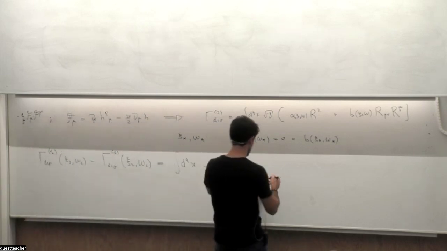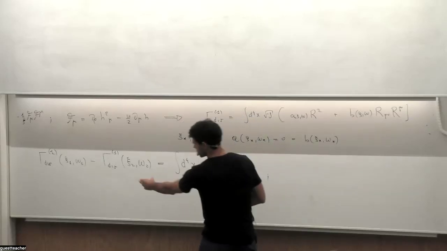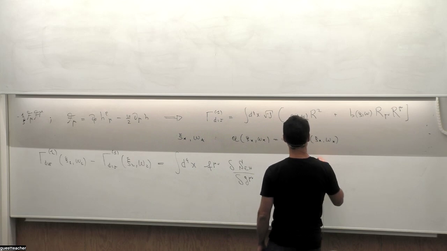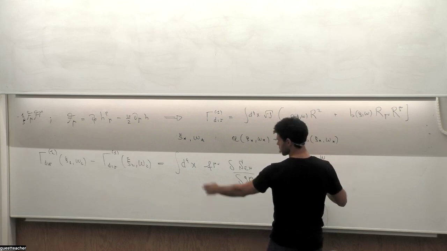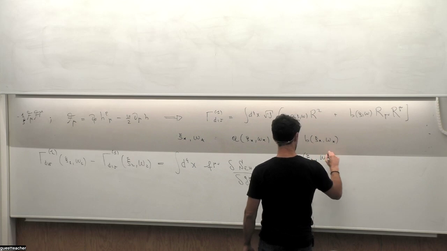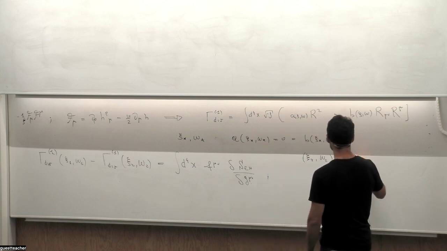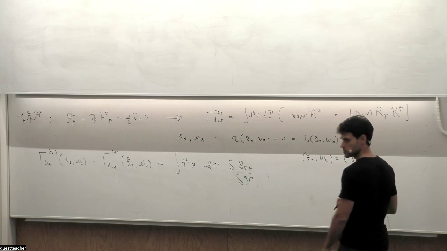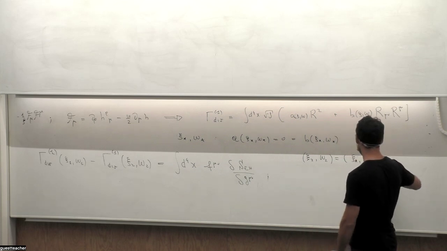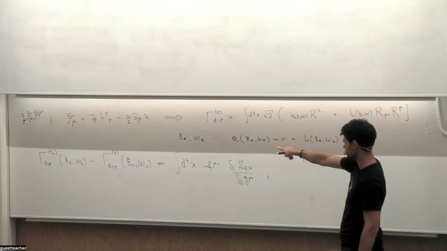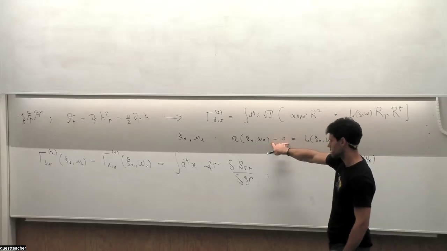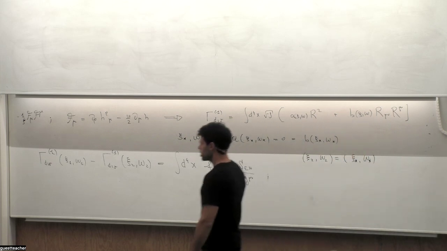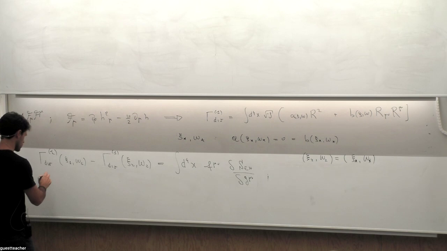Now let's suppose we take xi 2 and omega 2 equal to xi star and omega star, which are the ones for which the divergent part of the effective action vanishes.